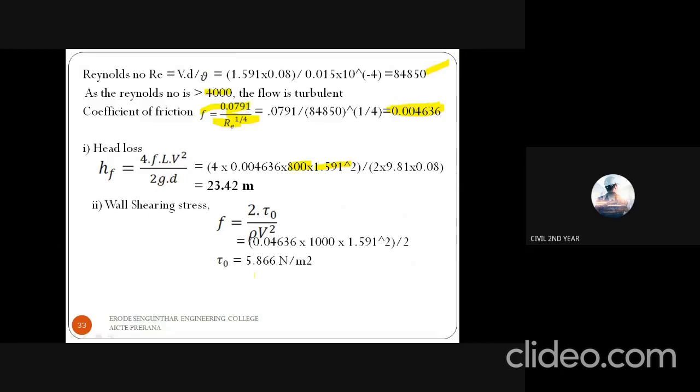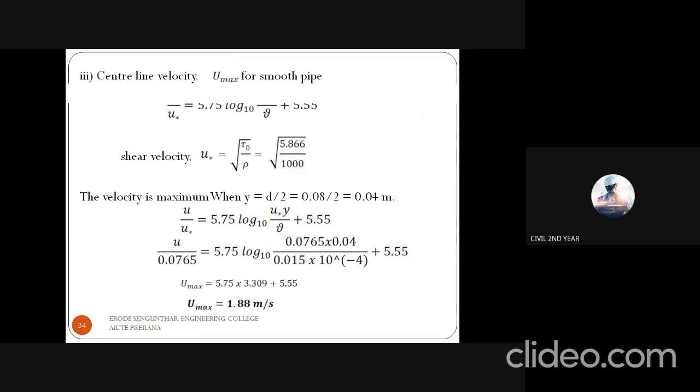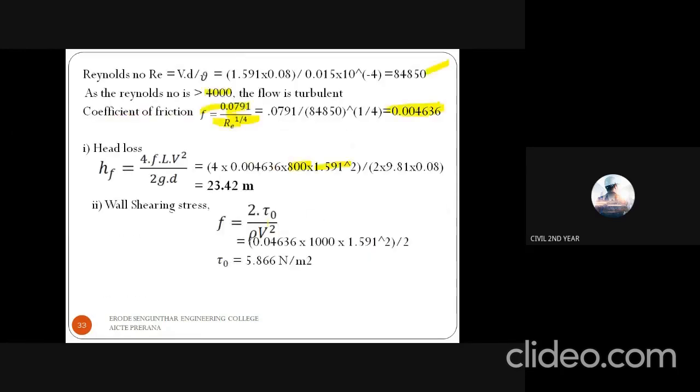Now substituting the values, first we have to find tau naught, so bring it to the left hand side.